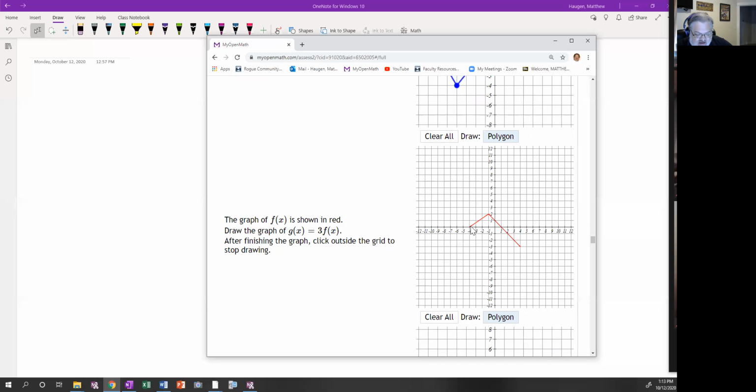So that point at -4 is 0. 0 times 3 is still 0, so that's going to be there. And it's going to go in a straight line, each one of these points 3 times as high, until it reaches this point at -1, 2, which is going to be up here at -1, 6 when it multiplies by 3. So from there to there. That seem reasonable?